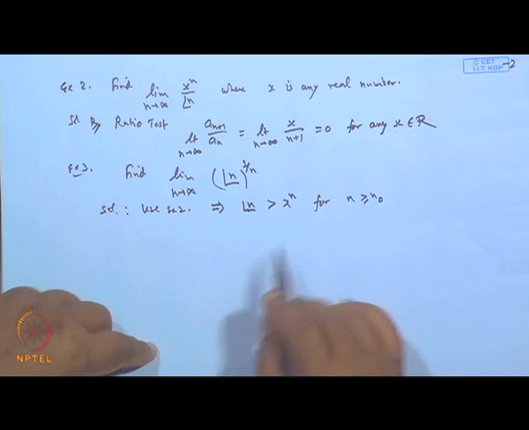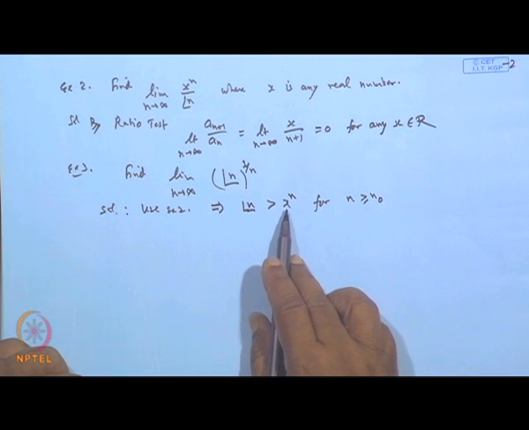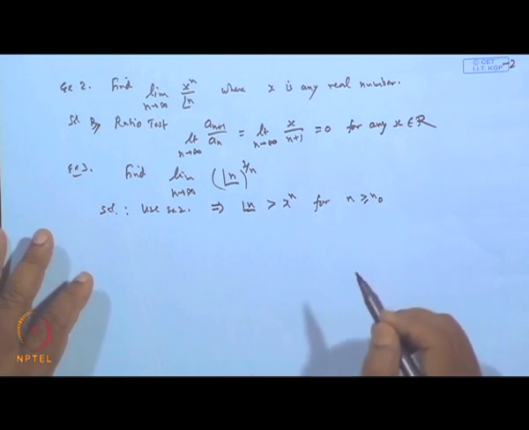Therefore, factorial n will be greater than x to the power n after a certain stage, say n greater than n naught.